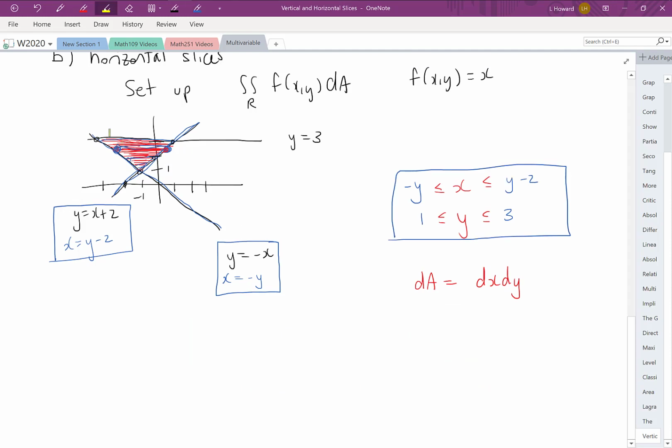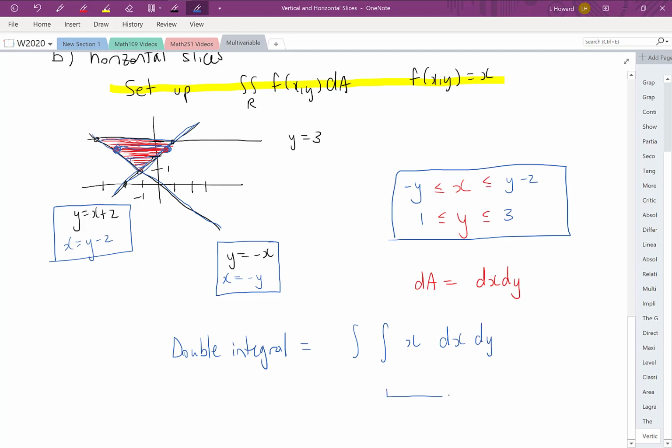I'm just going to highlight the question up at the top of the screen. We want to set up the double integral over R of the function f of x, y times dA, where our integrand itself is x. All right, so let's write our answer down here. The double integral is equal to, well, our integrand is x. dA, since we're doing horizontal slices, is going to be dx dy in that order.